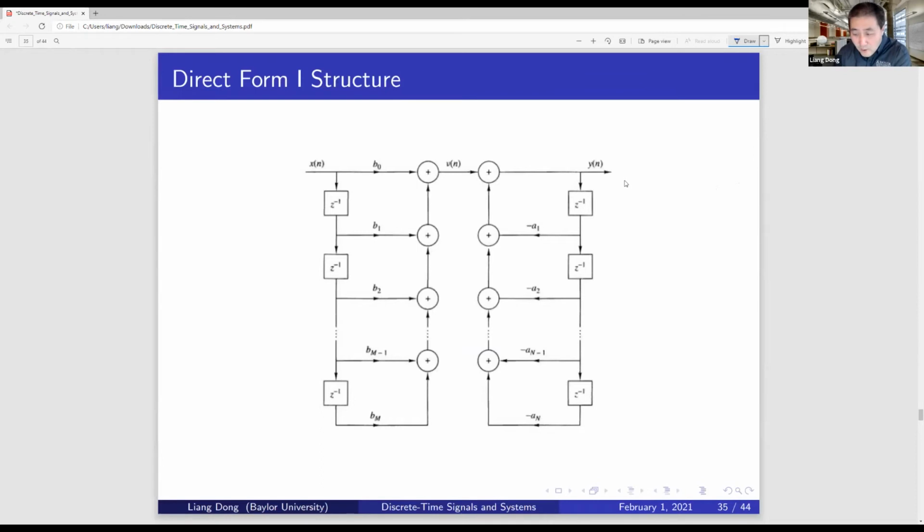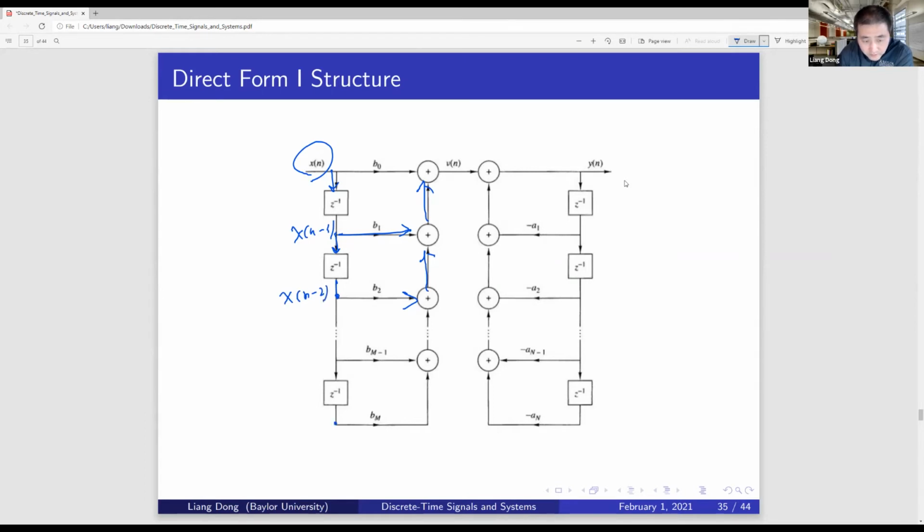Using a block diagram, what we have here is x[n] as input, and we have this feed forward loop with all those delays coming back. At this point, I have x[n minus 1]. At this branch, I have x[n minus 2].